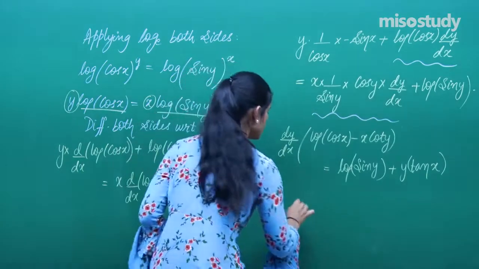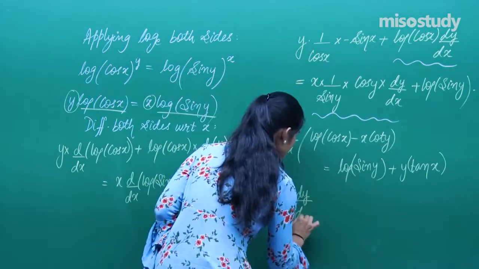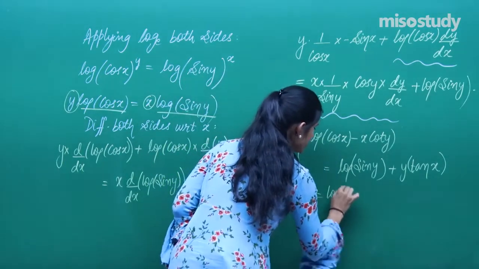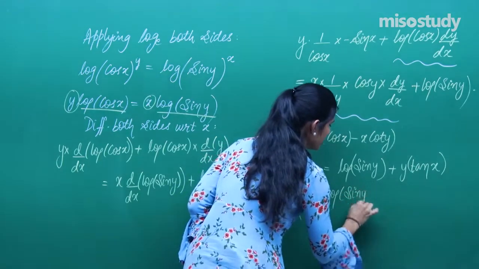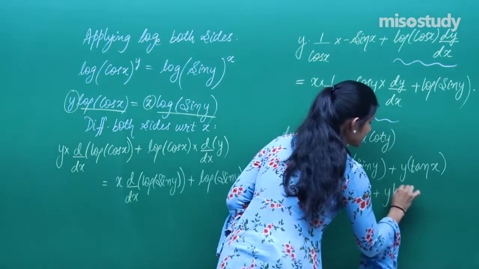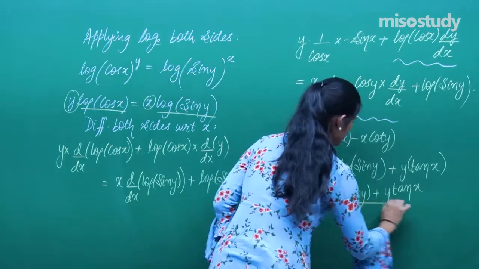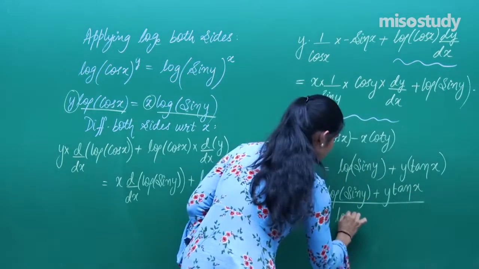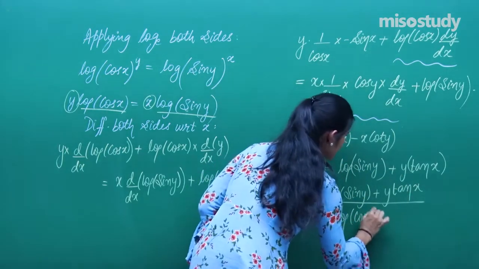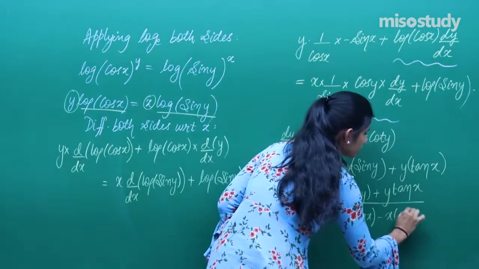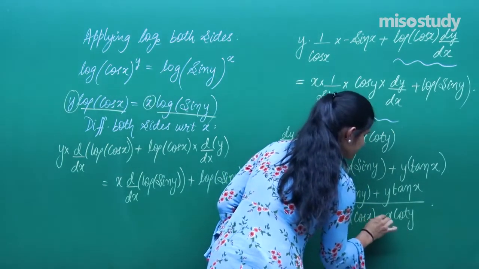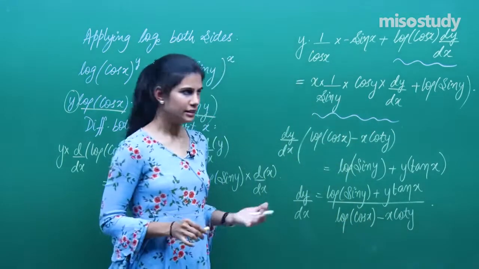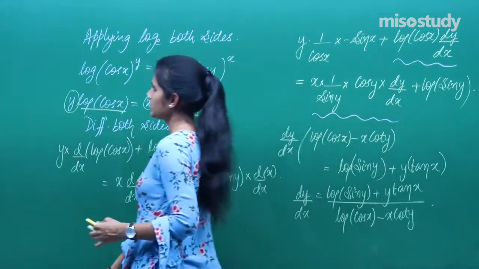And you have your answer of dy by dx. It is log sin y plus y tan x whole upon log cos x minus x cot y. Clear? This is your answer. Let's move to the next question.